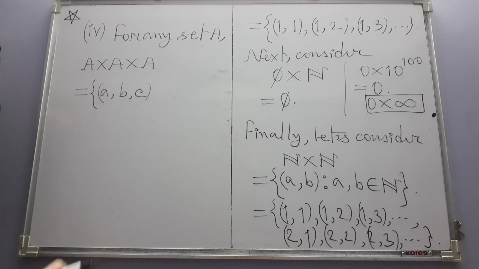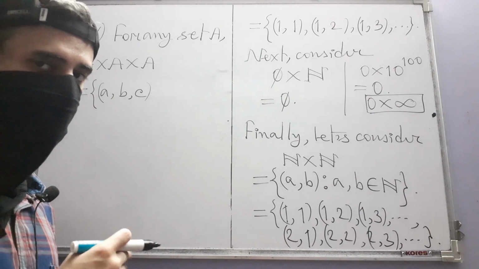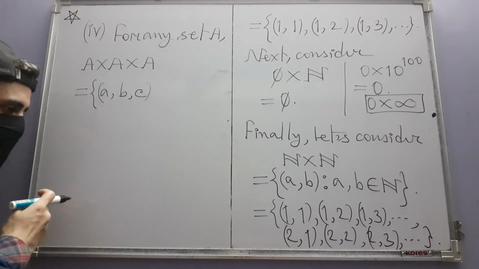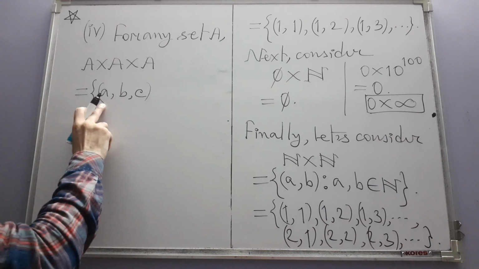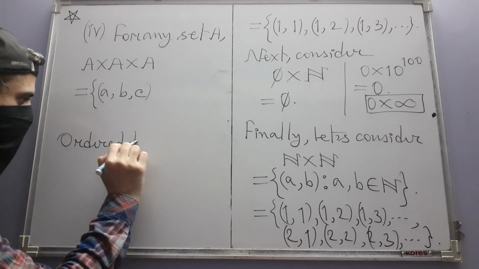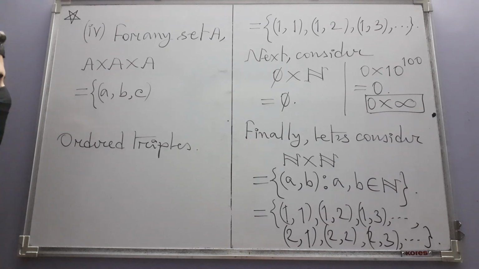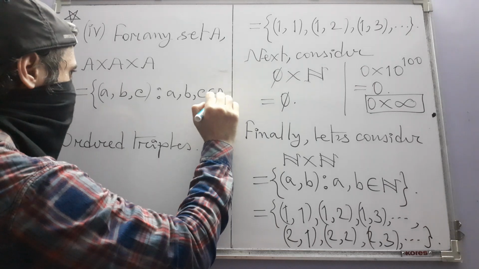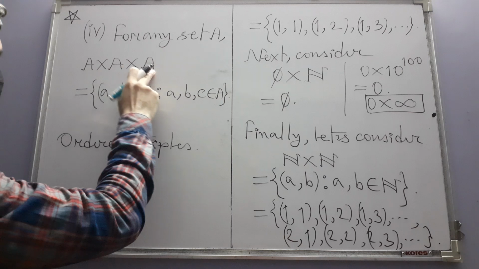These objects are also like ordered pairs, but three objects are involved. Instead of having two objects, here we have three objects. But that aspect that the order should be maintained is present here also. That's why these are called ordered triples or ordered triplets, where a, b and c are all coming from A. There is no need to have these three the same set.